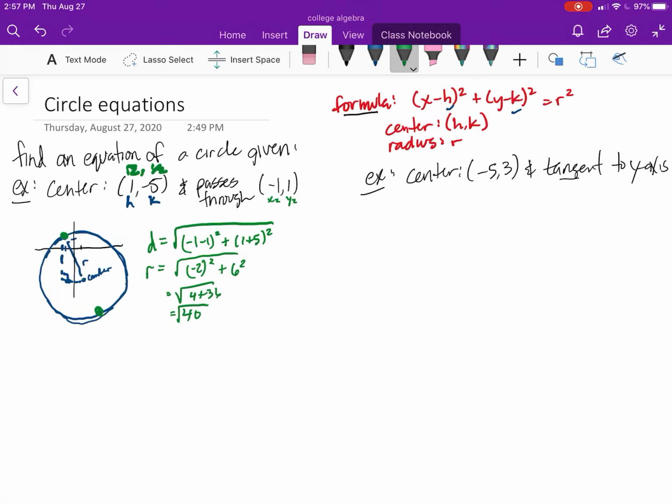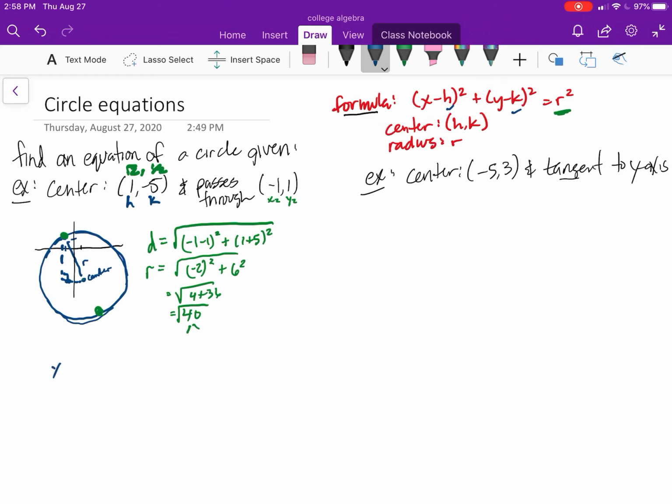Now, you should always reduce, but I'm going to point out here the equation of a circle has r squared, right? So if I reduce this, and then I square it, I'm going to get right back to this result. So let's just use the equation of a circle.